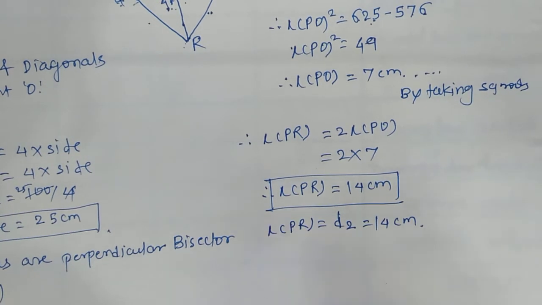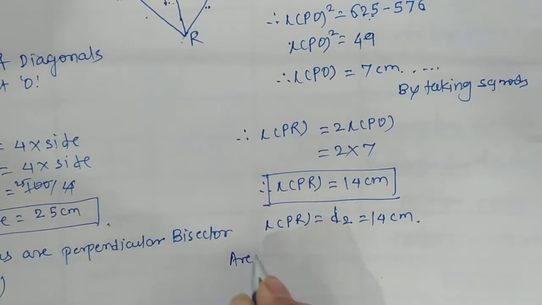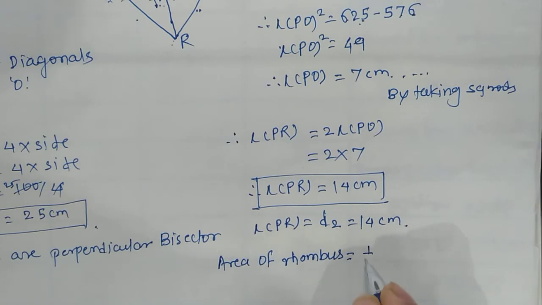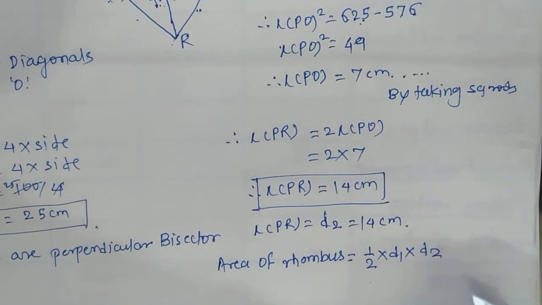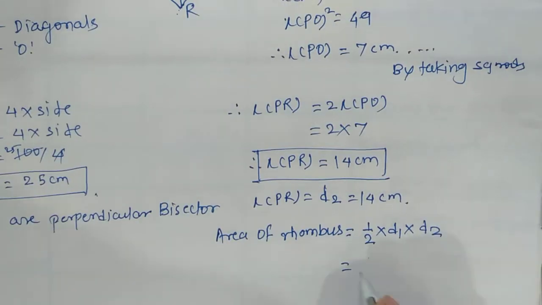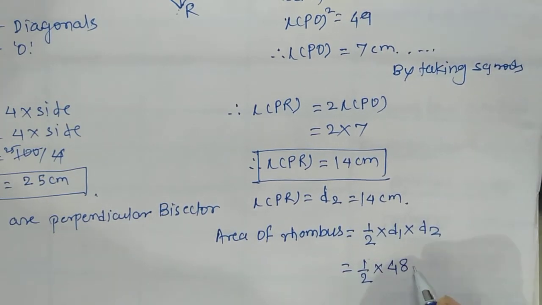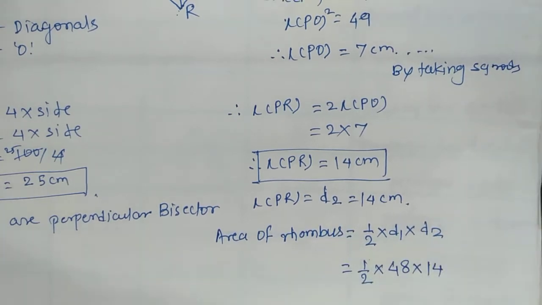Now, we know both the diagonals. So, area of rhombus is equal to half into D1 multiplied by D2. Now put up the values. Half into D1 is 48 and D2 is 14.